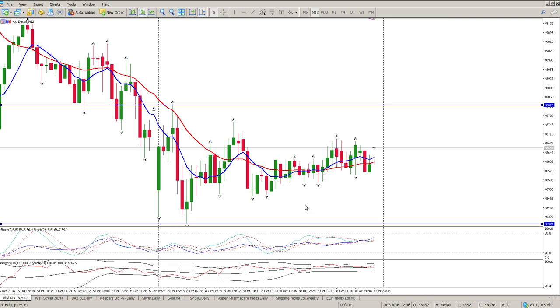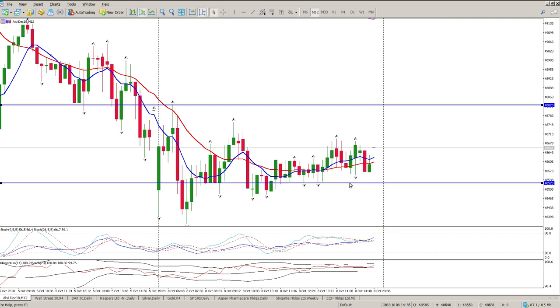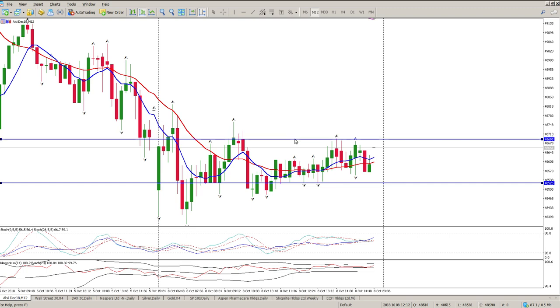Now, if you are watching the charts today and you're not running around with work or something like that, then you can look at these two levels here. You can see there's quite a few buyers that stepped in at 48,520. Okay, and then there were some sellers that were in at 48,690.